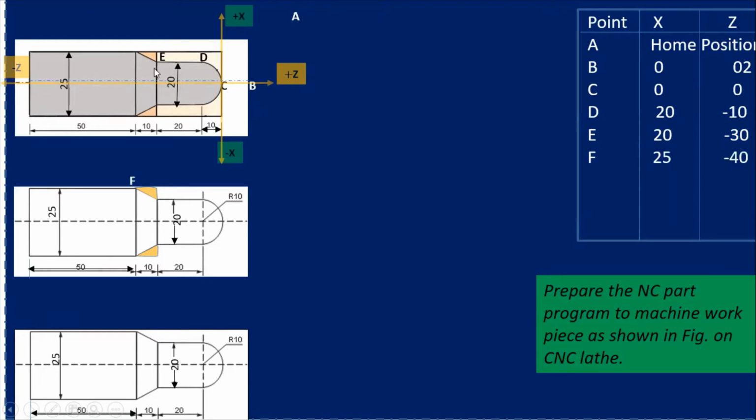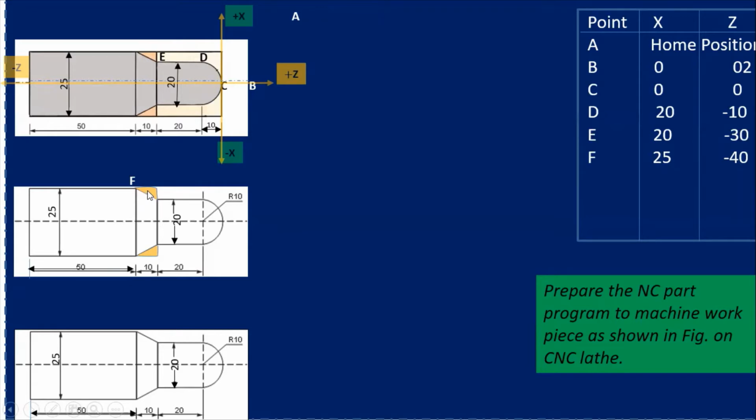Next will be the F coordinate. The diameter is 25, so the coordinate along X will be 25 and Z will be minus 40, because 10 plus 20 plus 10 is minus 40. From E to F, the taper turning operation is there, so this part will get removed.